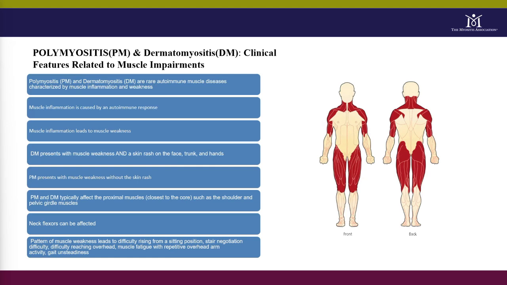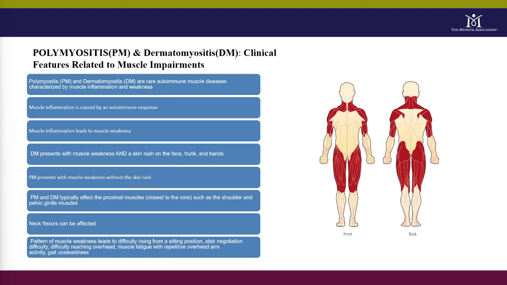DM presents with skin manifestation and muscle weakness, whereas PM presents with proximal muscle weakness without the skin manifestation. Both PM and DM primarily affect the muscles closest to your body, which are your shoulders and your hips, and it can also affect the neck flexors.